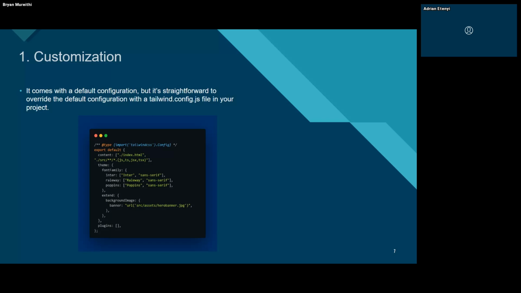Tailwind comes with the default configuration, but it's straightforward to override the default configuration with the tailwind.config.js file in your project. When you install that, it's going to create this file, the tailwind.config.js. In this tailwind.config.js, as you can see, you can configure it to your own liking, like how you want to use it.